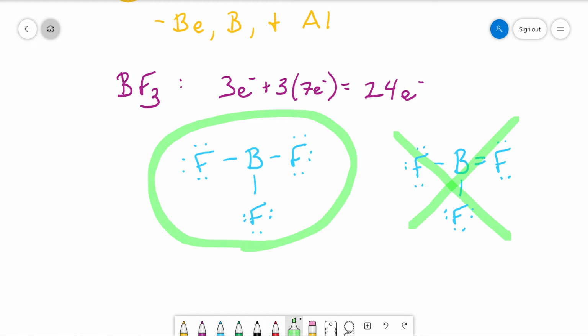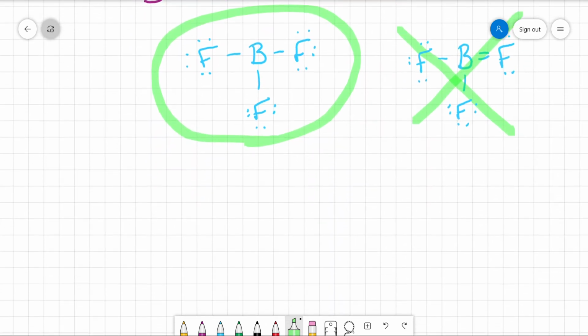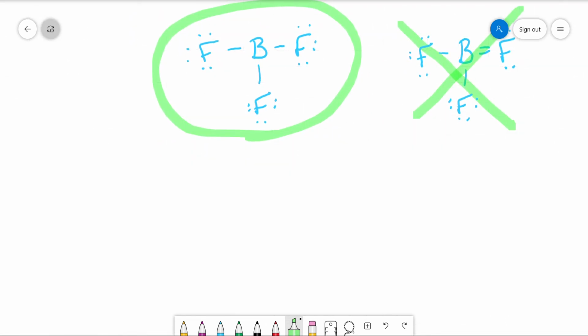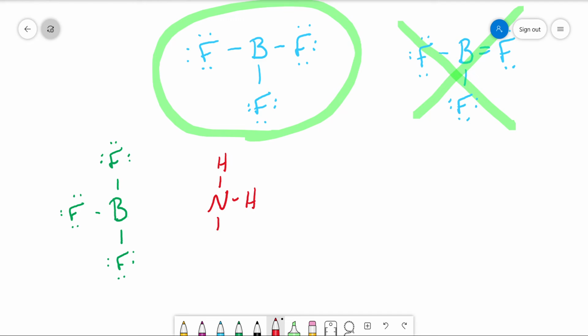And there is experimental evidence for why that is. If we have a BF3 molecule with its 3 fluorines, because it's what we call an electron deficient element or a molecule, it can react with something like NH3 that has a lone pair of electrons.